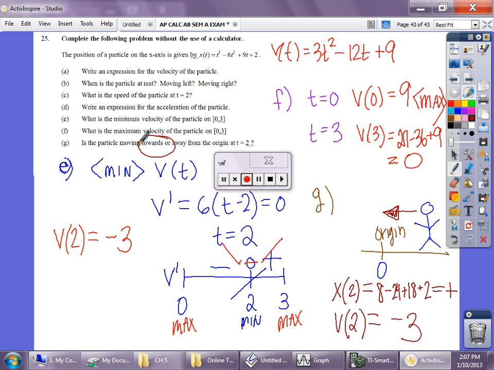We know if you're moving towards or away if you know the position, so if you're to the right or to the left of the origin, and then you also know which way you're moving, which would be velocity. So to answer letter G, you needed to know the position at time equal to 2 and then the velocity at time equal to 2. And that's how you figured out if you were going towards or away from the origin.